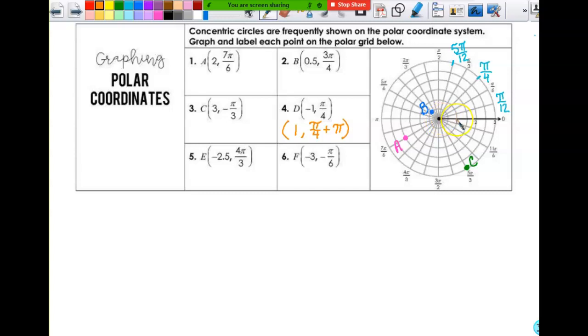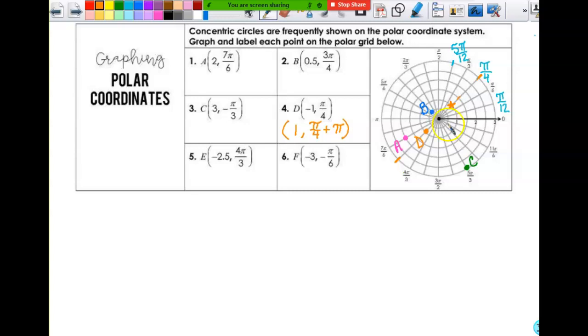So a different way to get there, here's what I'm going to do. I'm going to go to 1, pi fourths. I'm going to put a star here. That's not really my point. And then when I rotate around, I actually end up here. That's where I actually end up. But I'm going to show you a way where you're not having to rotate another pi. Since this was on a pi fourths angle here, it just goes straight through the circle because it was half of it, because it was pi or 180 degrees.